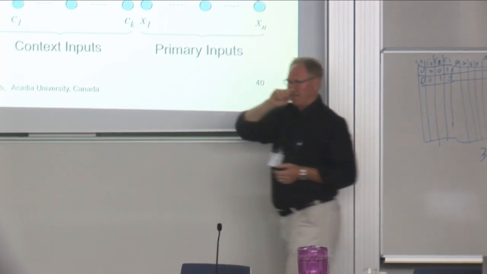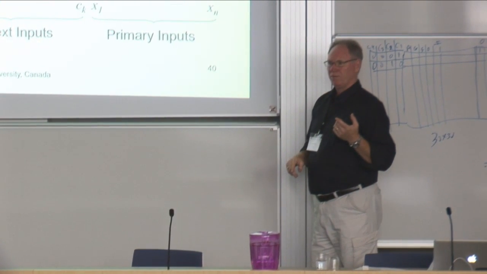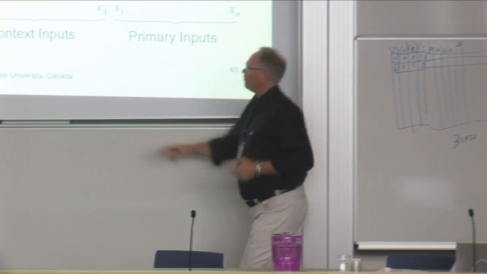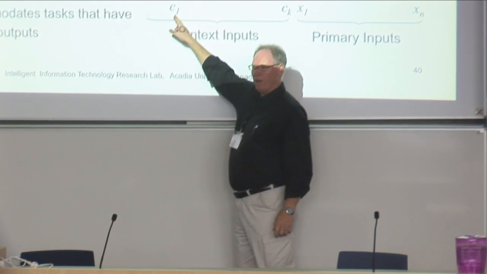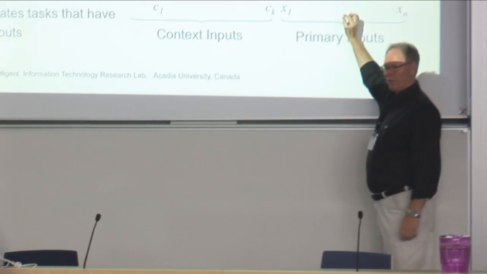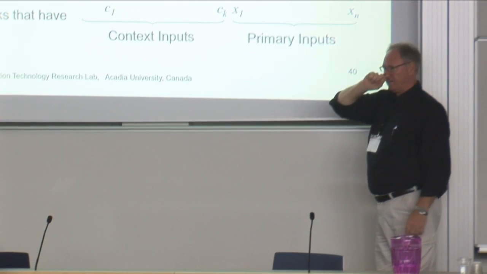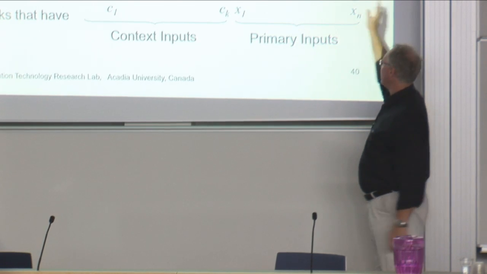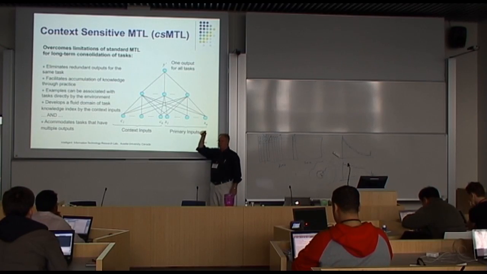So if we're learning, for example, the model for diabetes, then we would have our context node 1, C1, on, and all the other ones are 0. And then we have our example inputs for that particular diabetic problem, and the output is simply 1 if the person has diabetes, or 0 if not.